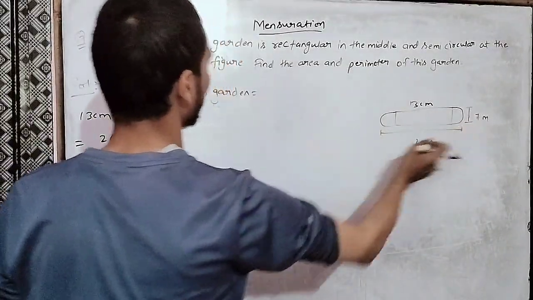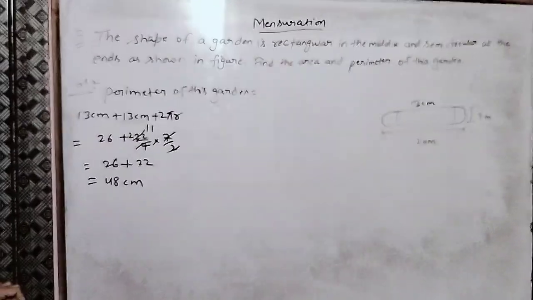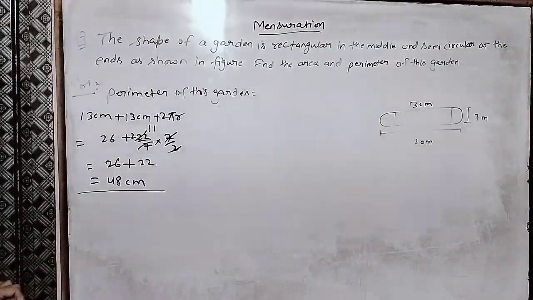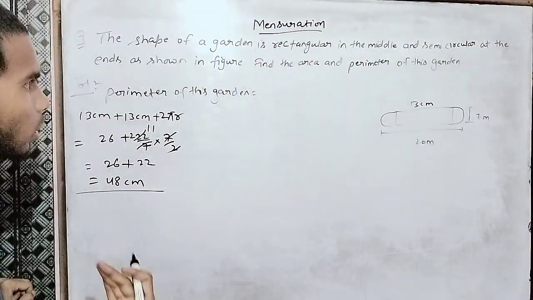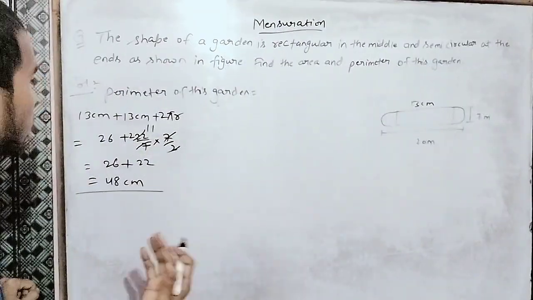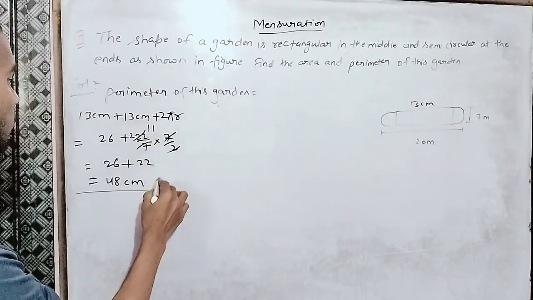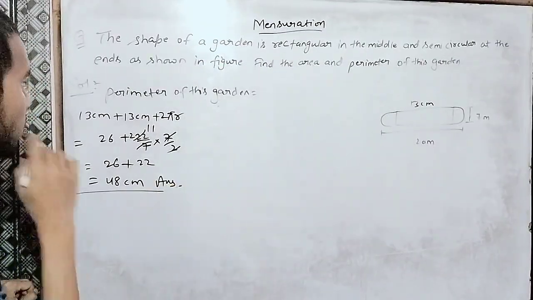I had done it wrong in the formula. This is the perimeter of this garden.